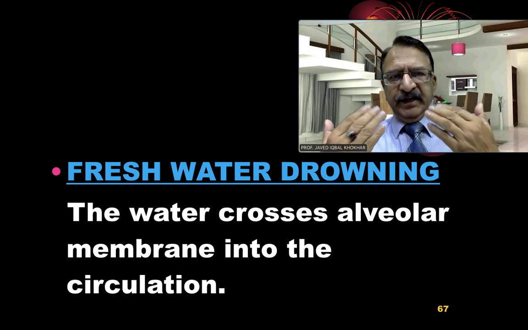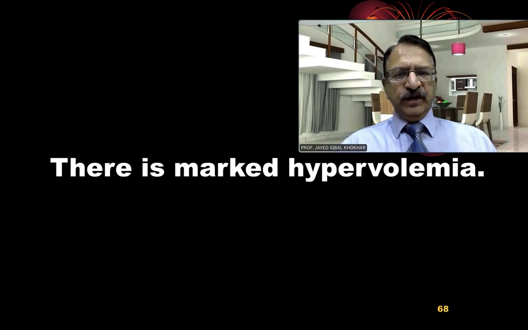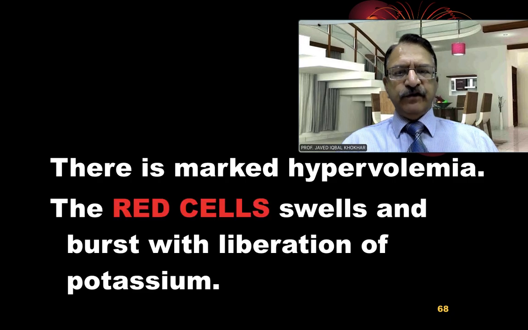When the person inhales water, water is present in the respiratory passages, and from there it gets absorbed and enters into circulation. And there is marked hypervolemia, that is increased volume of the blood because of the absorption of water. And the red cells swell up and they burst with the liberation of potassium.